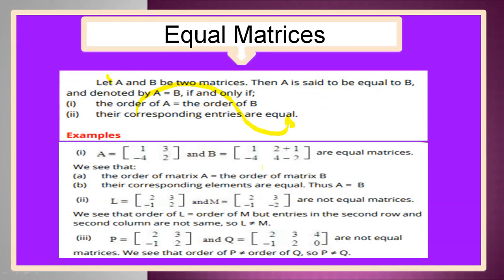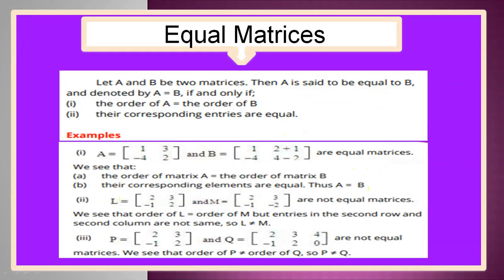For example, one has 1, so the other has 1. One has -4, so the other has -4. If 3 is here, it should be 3 there. It's 2, and again it's 2. So can I say A and B are equal? Yes, these are equal matrices.